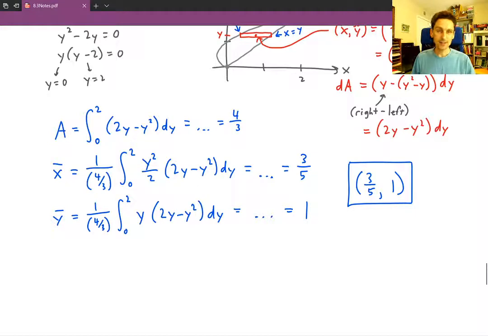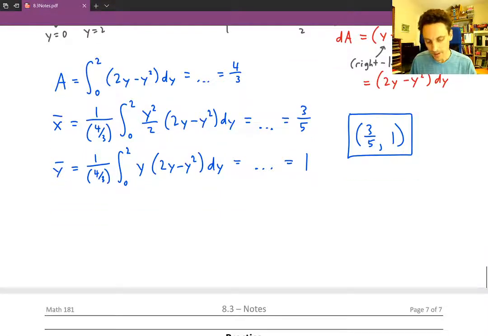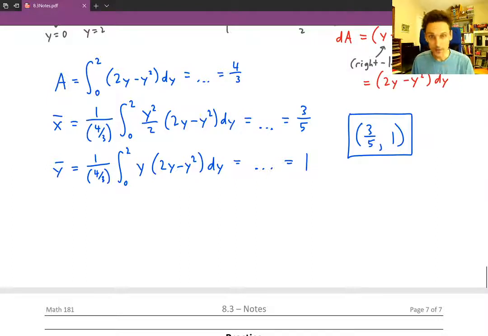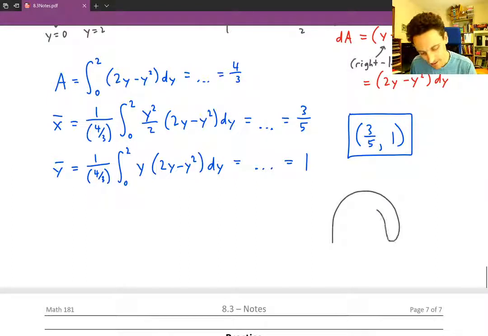One last aside that I'll mention is that the center of mass doesn't necessarily have to be in your region. Now most of the time it will be, but I'll just sketch up a quick picture of some object where the center of mass is not in the middle of the region. So I've drawn like an upside down U or a horseshoe, and the center of mass of the horseshoe, if you've ever tried to balance a horseshoe so that it's kind of flat, it just doesn't work because there's not really a good balancing point.